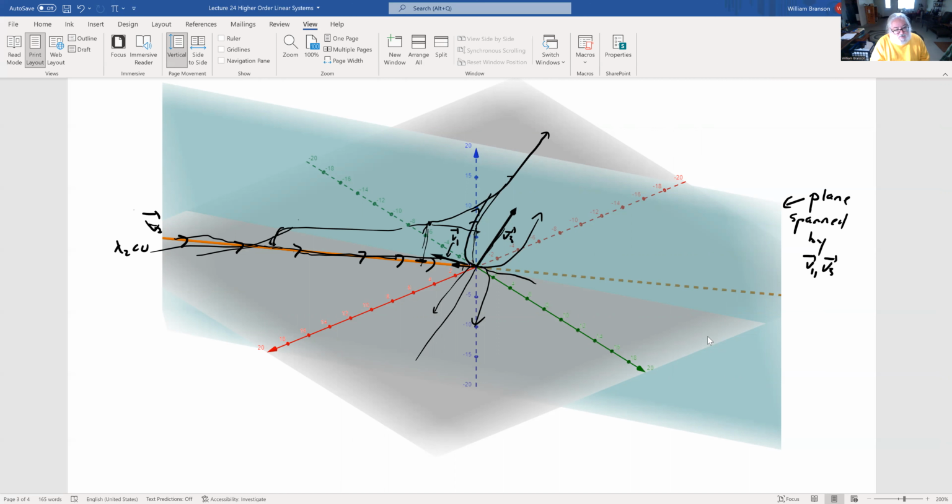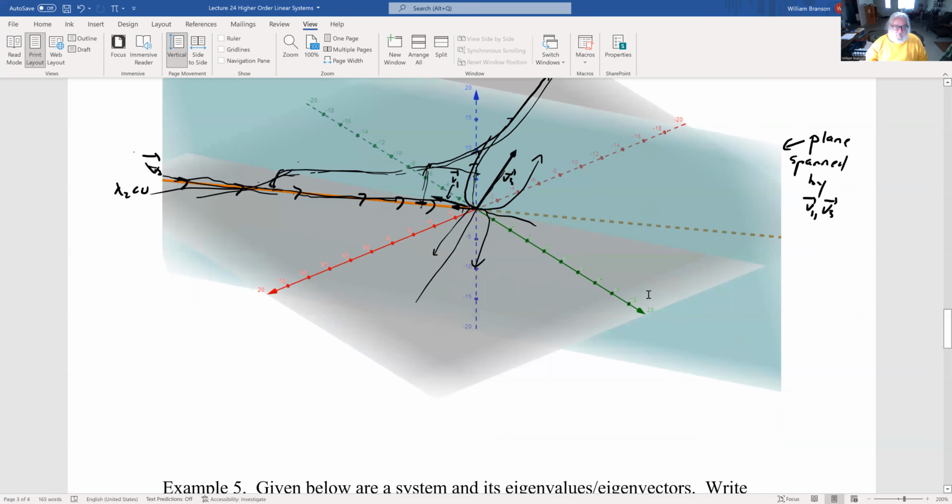So it sort of comes in along this eigendirection, and then it switches to being in the plane, and it goes out that way. It's a little bit hard to picture, but you know, a plane with a line going through it, and you come from the line, transfer to the plane, and go out along the plane of dynamics.